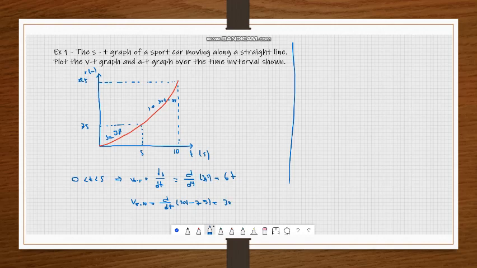Both of them are in meters per second. So we can understand here that 6t is linear, its growth increases linearly with respect to time for velocity between 0 to 5, and between 5 to 10 there is a constant velocity, which is 30.